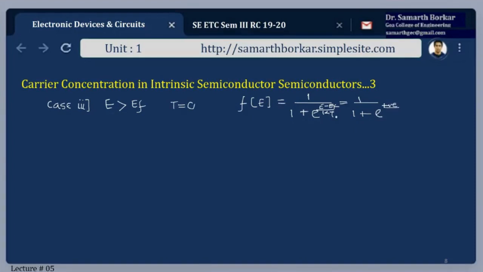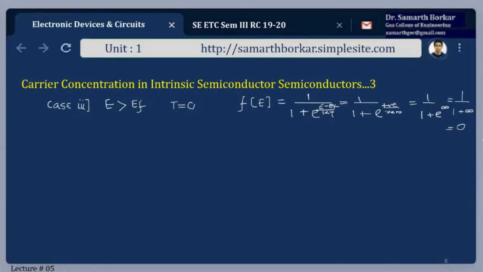And since I'm taking t equals to 0, this is 1 upon 1 plus e raised to, anything divided by 0 is infinity, and you know that e raised to infinity is again infinity. So 1 upon 1 plus infinity. So 1 divided by infinity is 0.